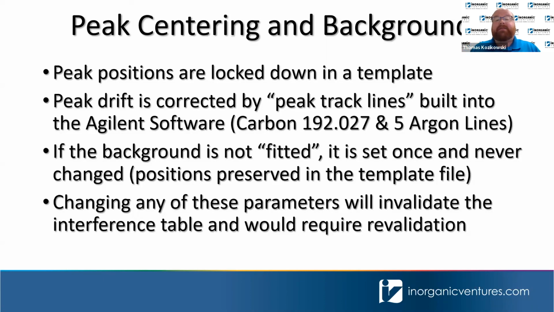So that makes it so that the interference table doesn't change, because those are based on those peaks being centered and those specific background points being utilized. If you make a change to that, you'll have to revalidate your method. So that's why we locked them down in a template. Always use the same template when we do a new run, and the interference table section of our processing sheet is valid.